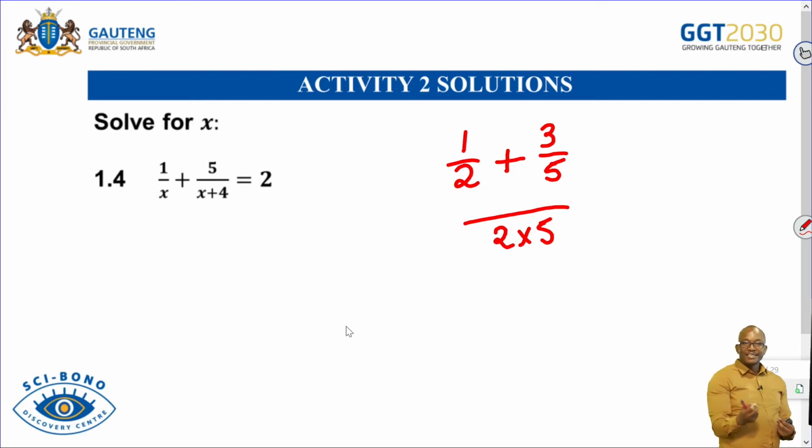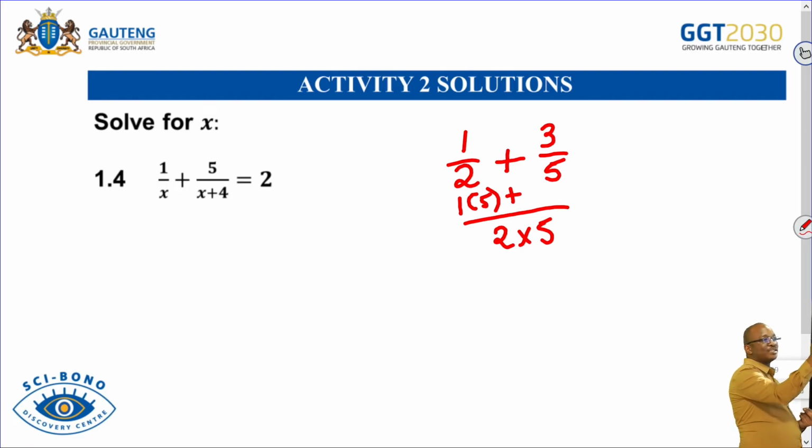We multiply the bases, then we cross multiply. How many times does 2 go into 10? 5 times. Plus, how many times does 5 go into 10? When I say 10, it means the base: 5 times 2 is 10. Correct. So we're going to have 2 like that. So that's how you are going to add.